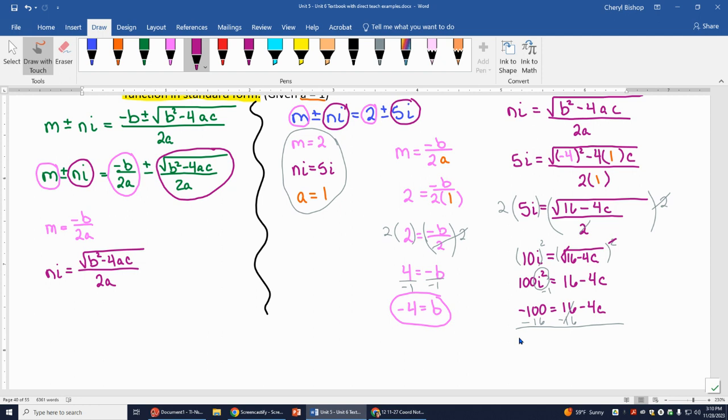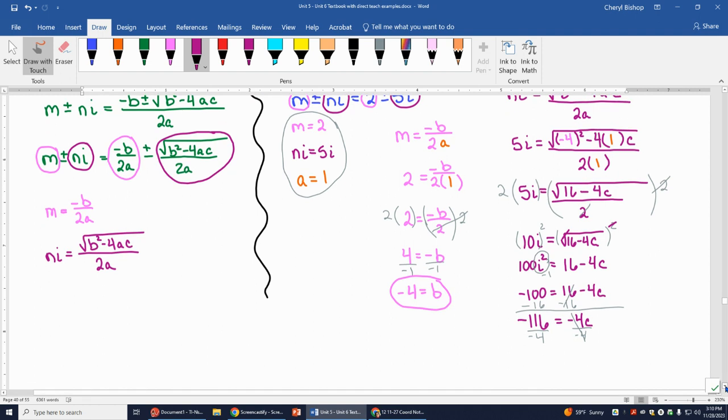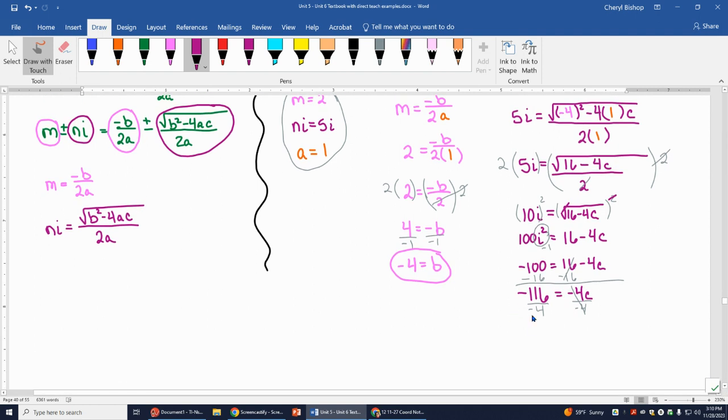Negative 116 equals negative 4c. Divide both sides by negative 4. And that's going to give me negative 116 divided by negative 4. 100, that's 25, 60, 29. Positive, because negative over negative, 29 equals c.